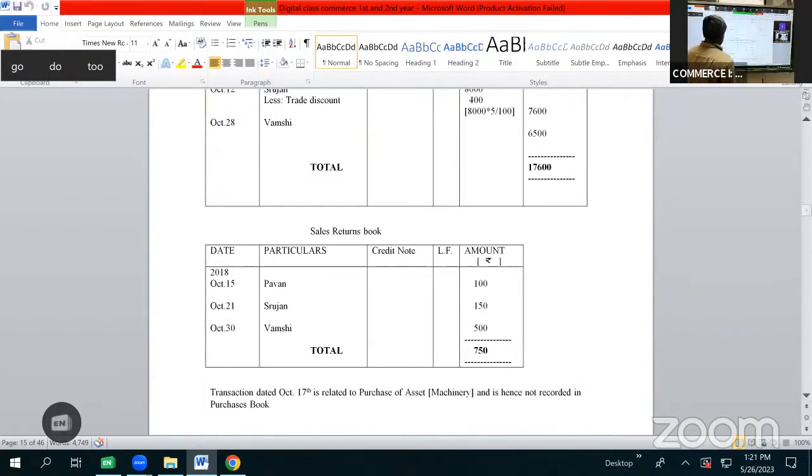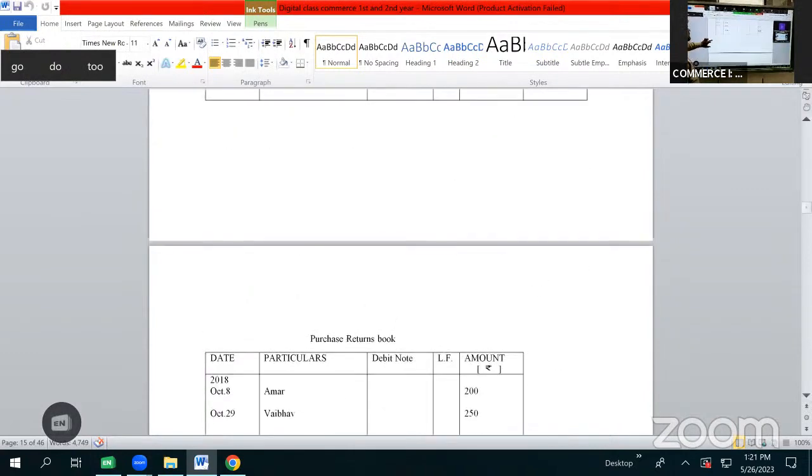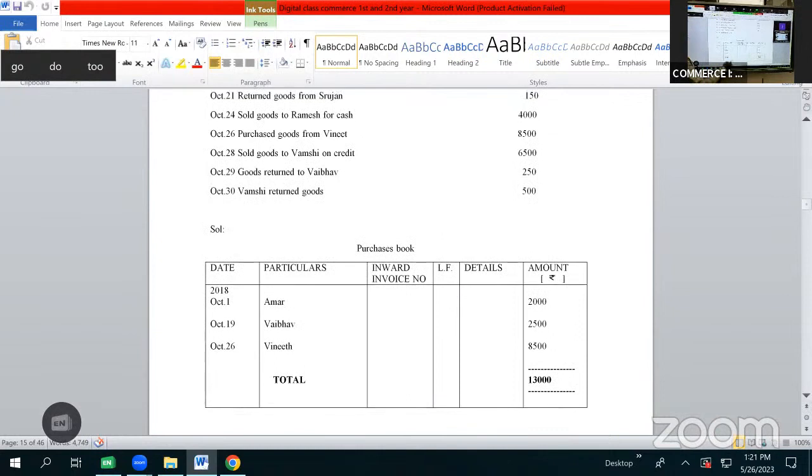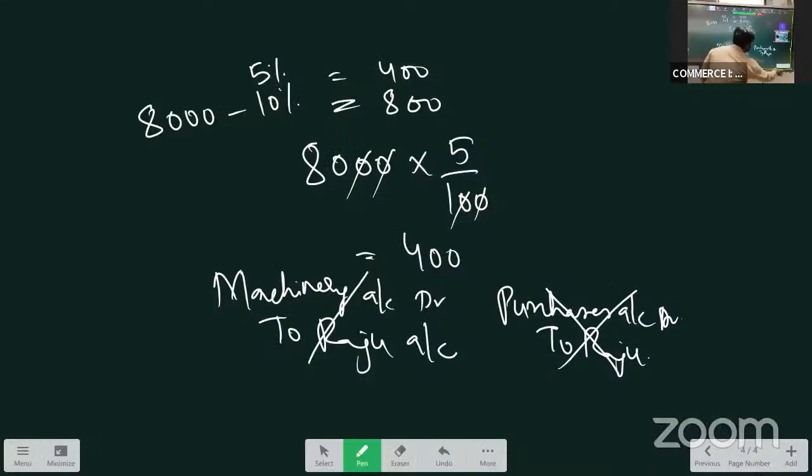So we have not written a note for this. As this transaction is a cash transaction, it cannot be shown in sales book. So we have to write a note for this. October 24, sold goods to Ramesh for cash 4,000. So as it is a transaction of cash, it cannot be shown in sales book. So we'll be writing a note for it.